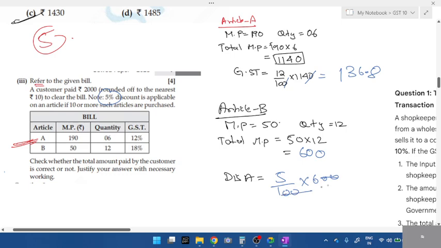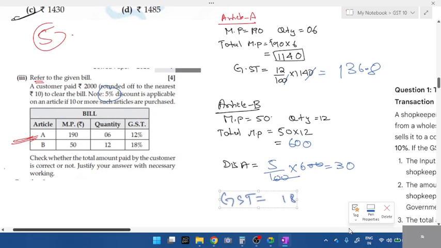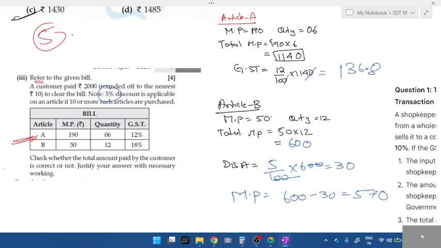What is the discounted amount? Simple question. If you take so long, how will you do it? What is the given GST? GST is? Yes. Remove the discount, students. From 600, if you remove the discount, what will be the mark price? 600 minus 30 is 570, right?